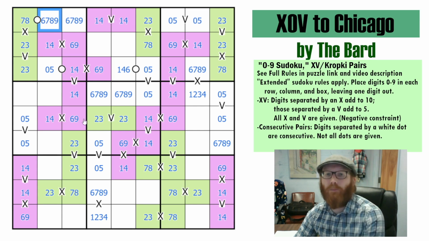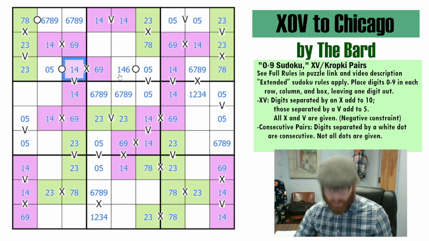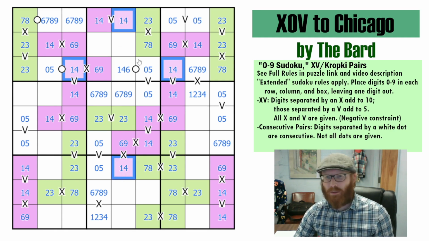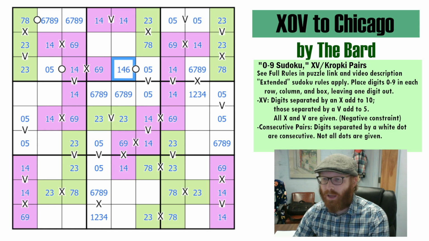Now what? Oh, here we go. Now that we did that, we've created a 1 4 pair across there and a 1 4 pair across there. Both of those 1 4 pairs look at that cell, which is a 1 4 6. Cannot be 1 and 4 anymore. It's a 6.